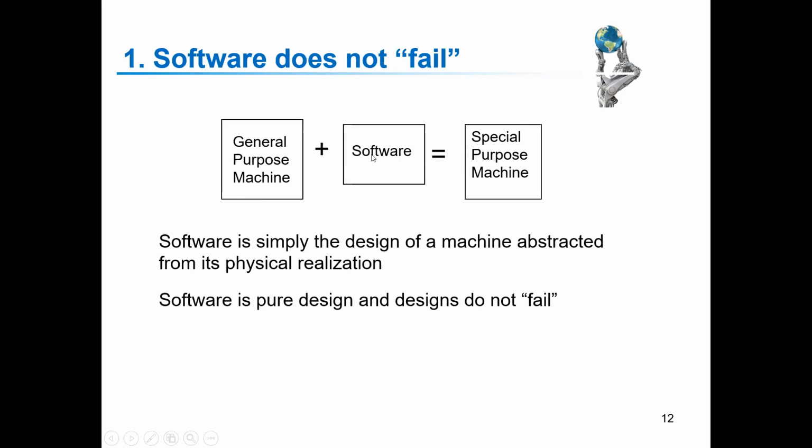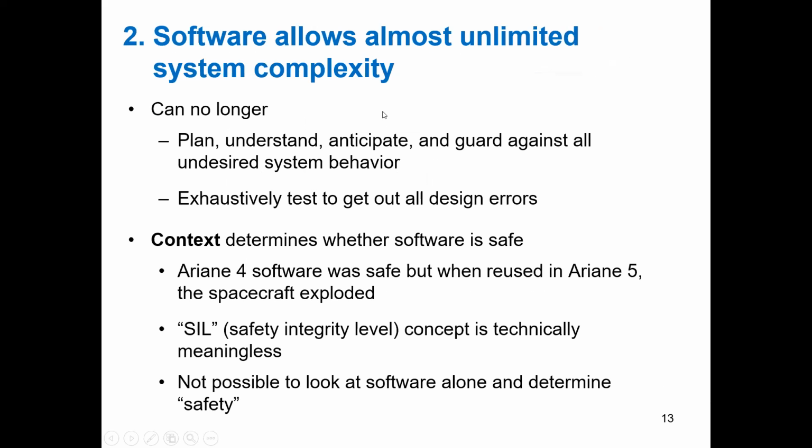If we add software that's designed as an accounting system, then it becomes an accounting machine. Software is pure design. Designs do not fail. It also allows almost unlimited system complexity, which means that we can no longer plan, understand, anticipate, and guard against all undesired system behavior, and we cannot exhaustively test to get out all design errors.